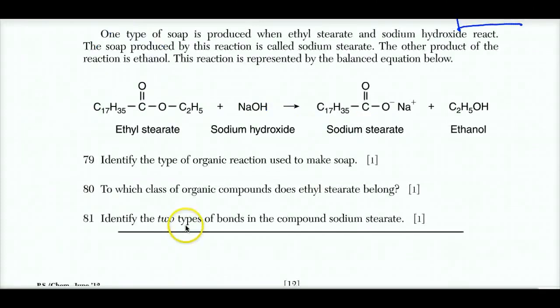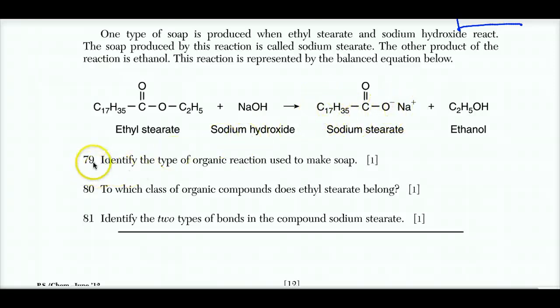79. Okay, identify the type of reaction used to make soap. That's saponification. And that is essentially what you're looking at. You're making a soap molecule right here, and an alcohol, and you're cleaving this ester to make a soap molecule, with a nonpolar ending, hydrocarbon, very symmetrical, and a polar end.